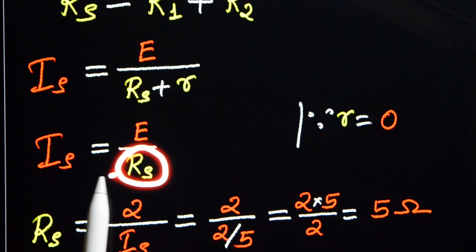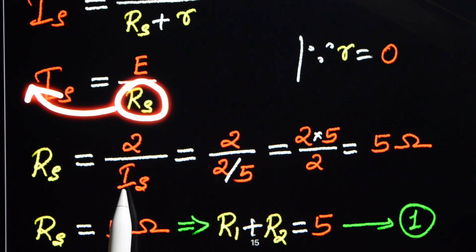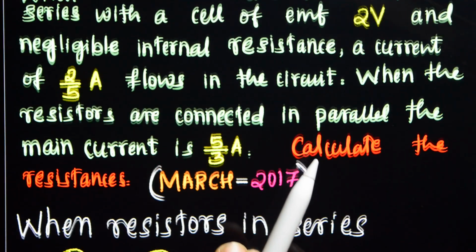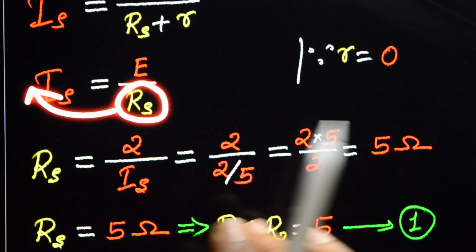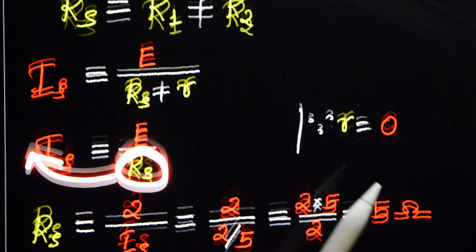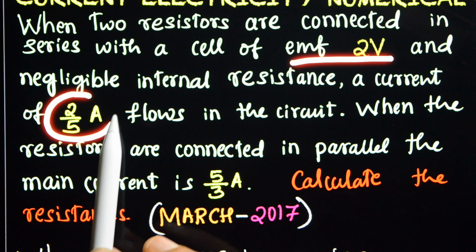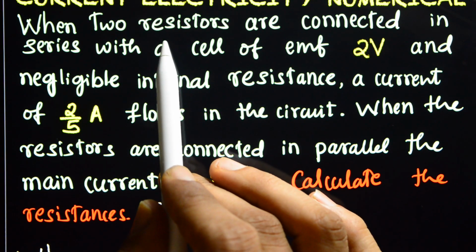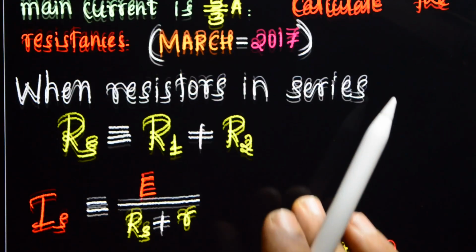Taking Rs to the left-hand side, Rs is equal to 2 divided by I subscript S. What is that 2? 2 is the EMF of the cell. We are given that the EMF of the cell is 2 volt. And what is I subscript S? When the resistors are connected in series, the current in the circuit is 2 by 5 ampere.